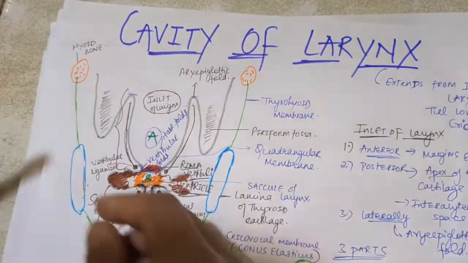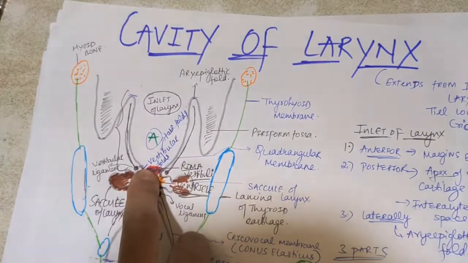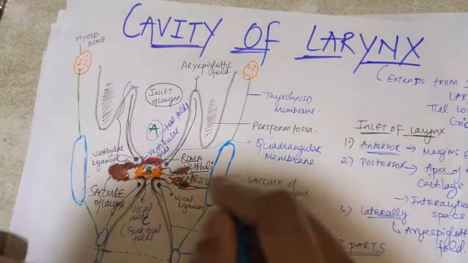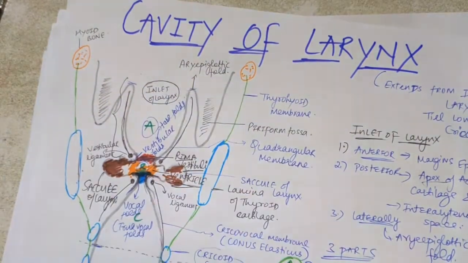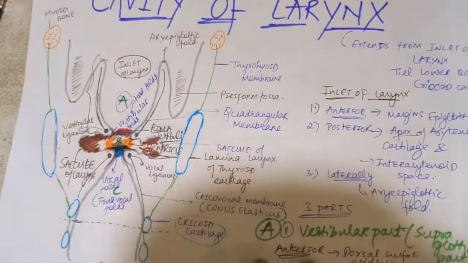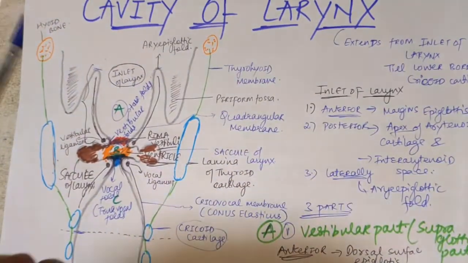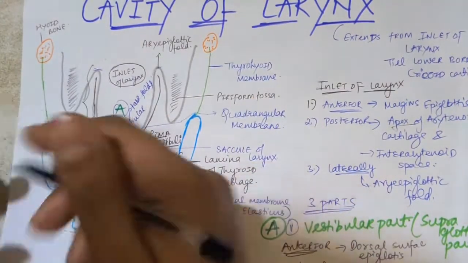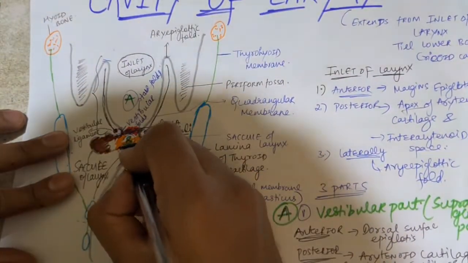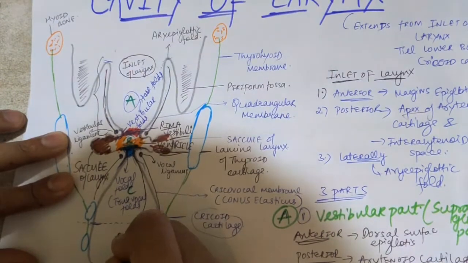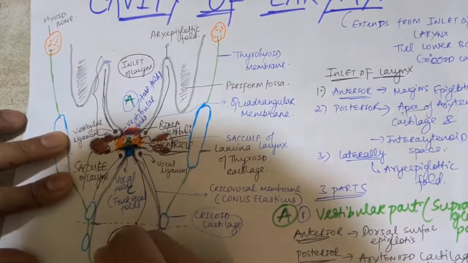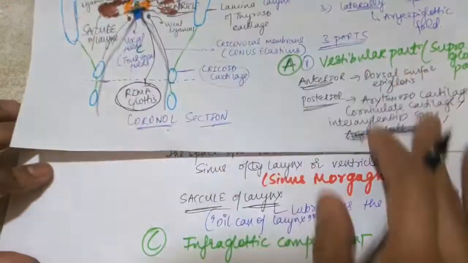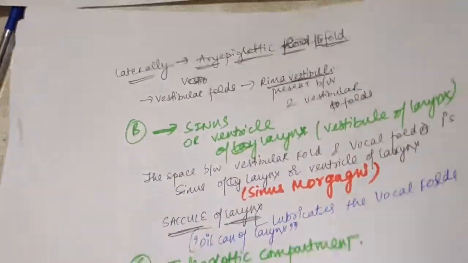This red one was rima vestibuli, and this blue one here is called the rima glottis. And this is the narrowest part.